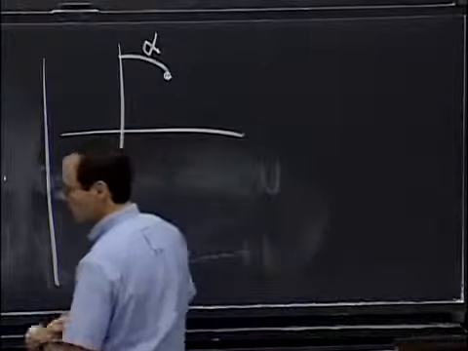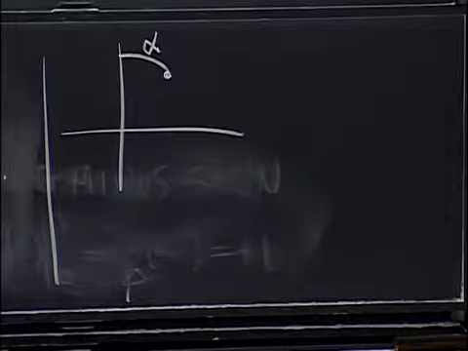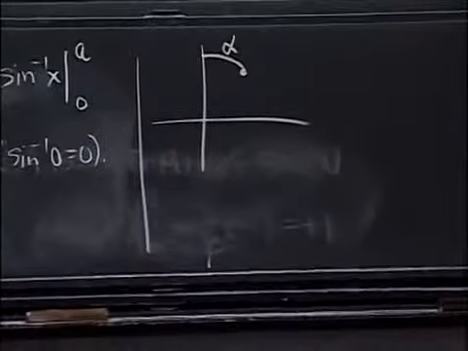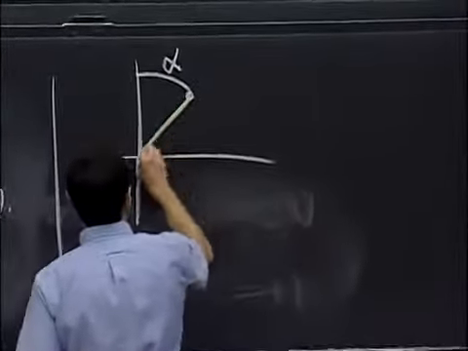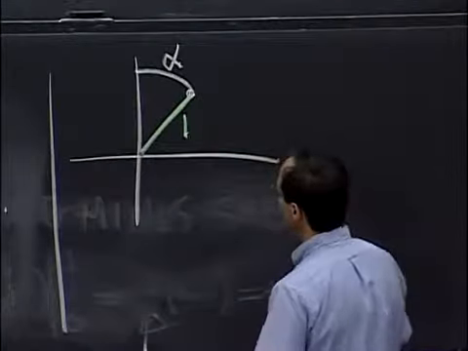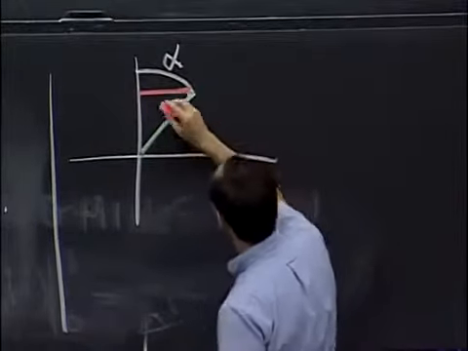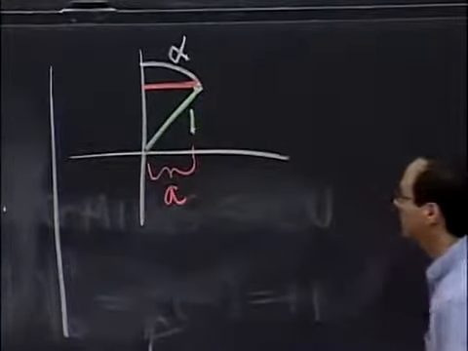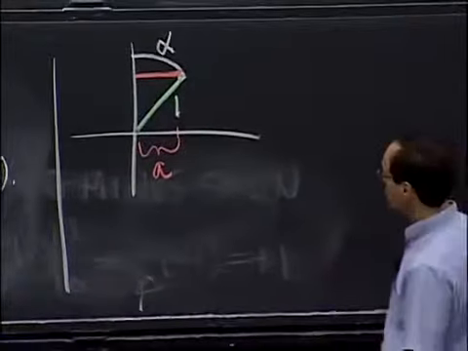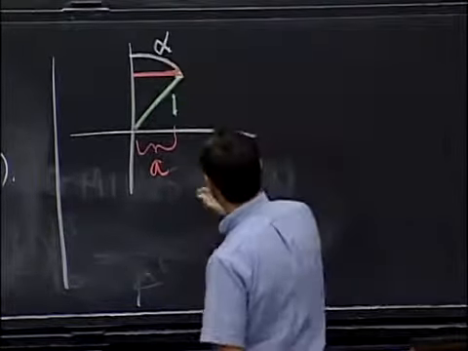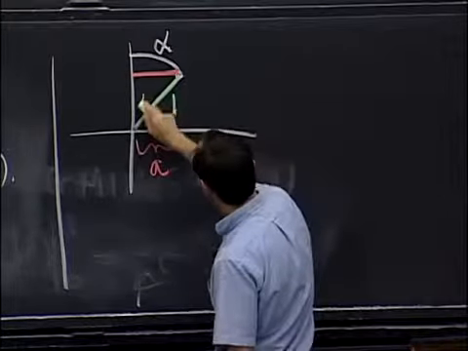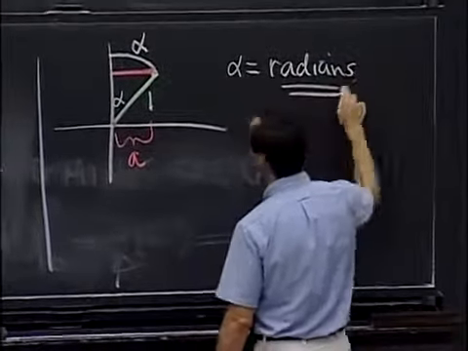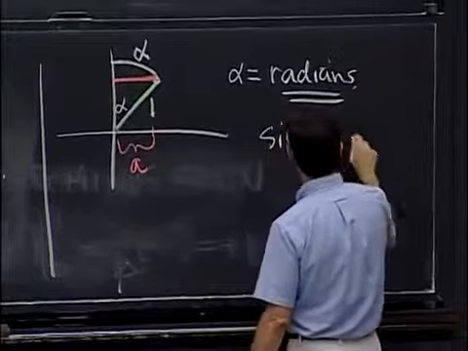And now remember that the radius is 1, and this horizontal distance here is a. So the geometric interpretation of this is that this angle is alpha radians, and sine alpha is equal to a.